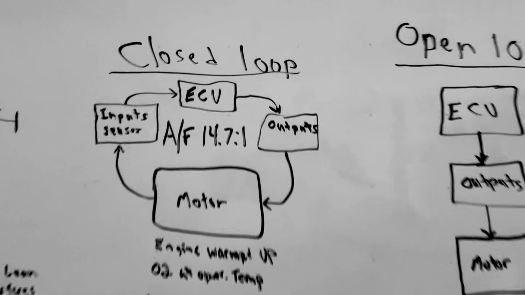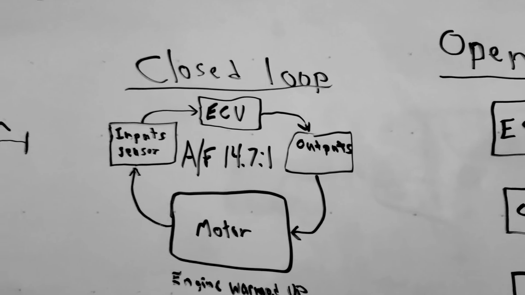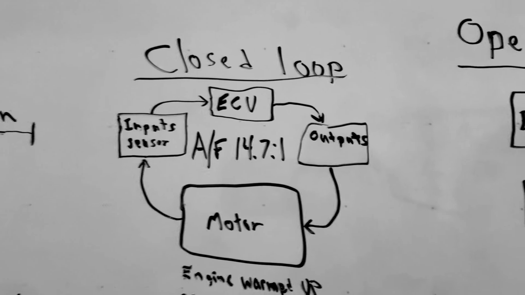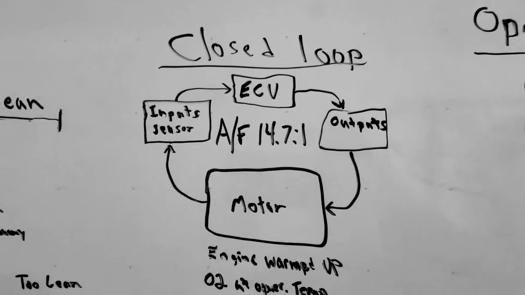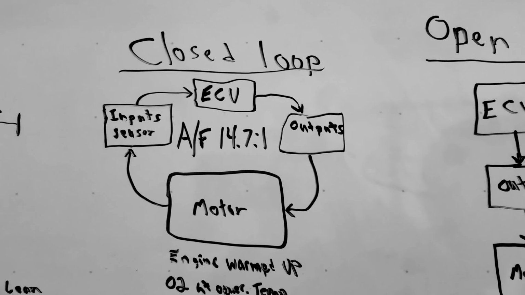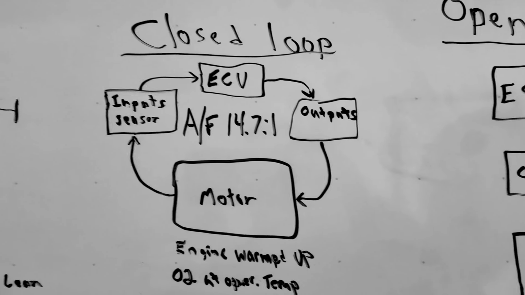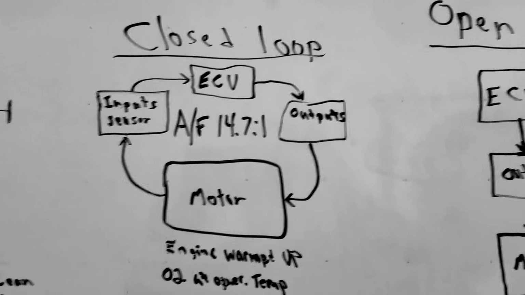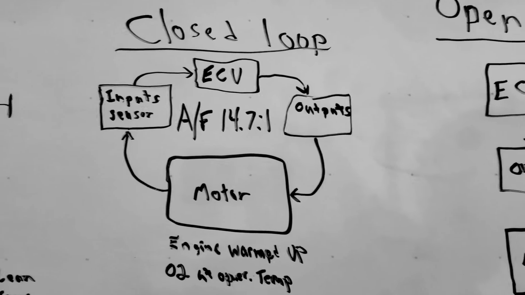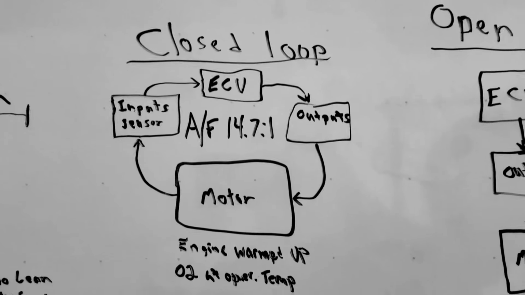Closed loop is basically the area where the fuel injection shines. This is when the engine's warmed up, and it takes the inputs from all your sensors: your throttle position sensor, your MAP sensor, your intake air temperature, your O2 sensors.